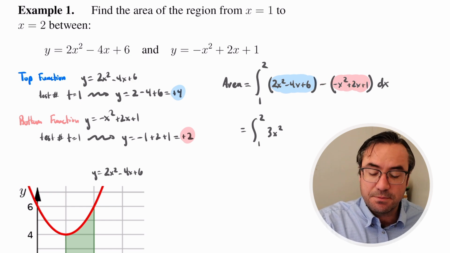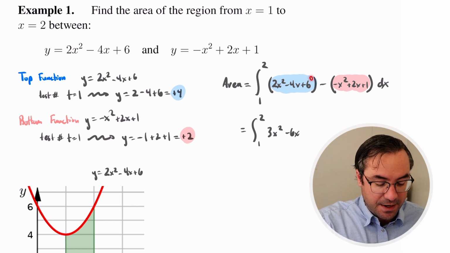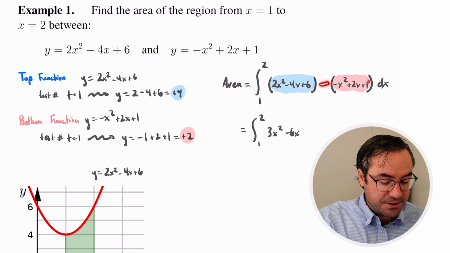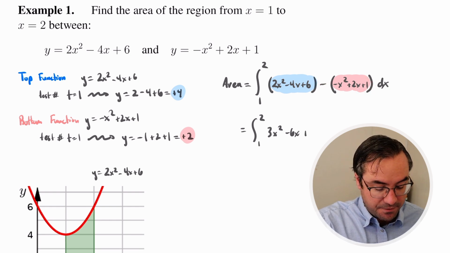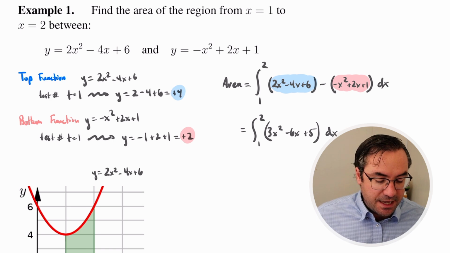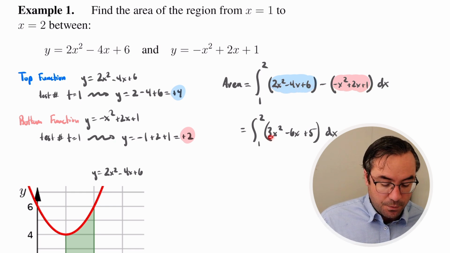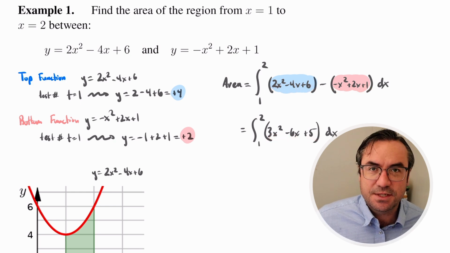So negative 4x minus 2x is going to be negative 6x. And then finally we have 6 minus 1. So that's going to be 5. So we've simplified our function down so that now, instead of having 6 terms to get the antiderivative of, we only have 3 terms. So it's going to save a bit of work.